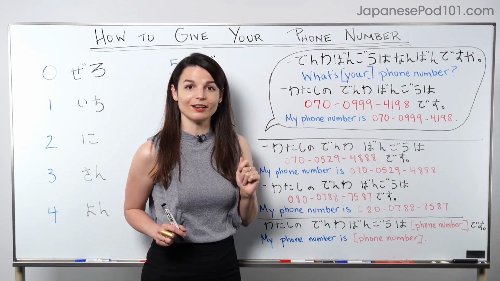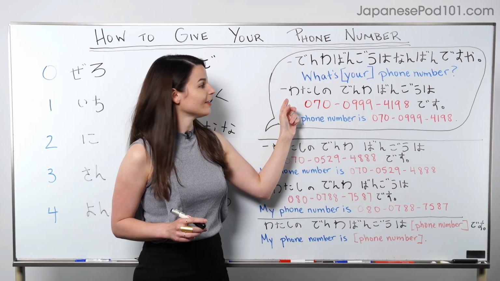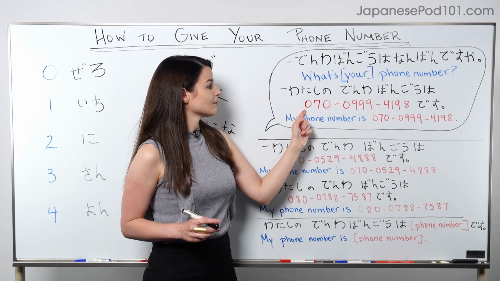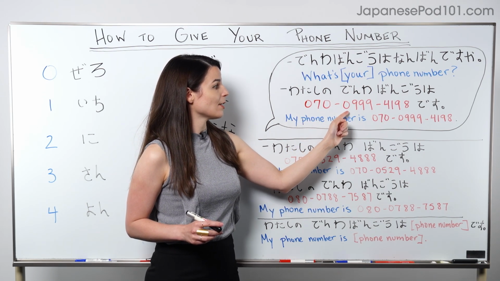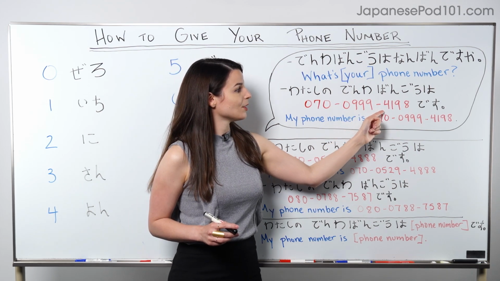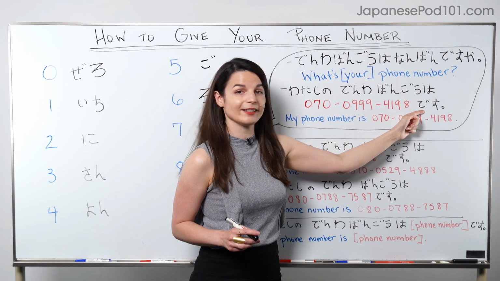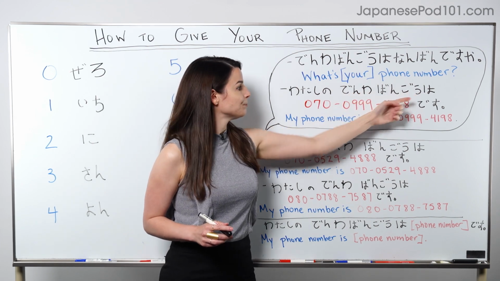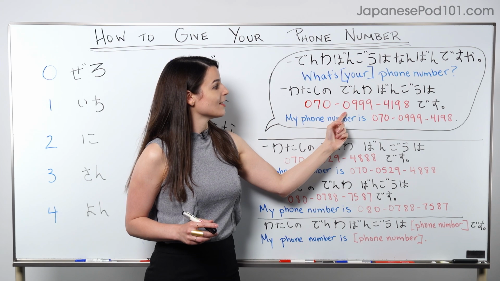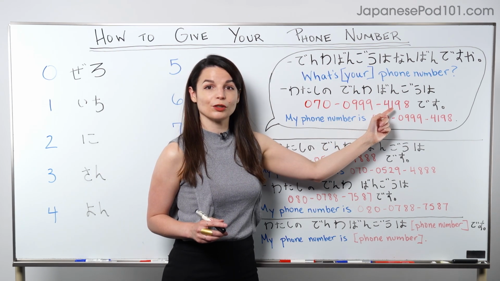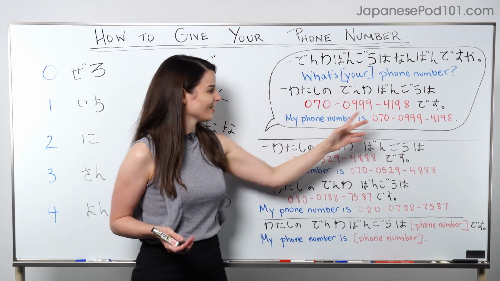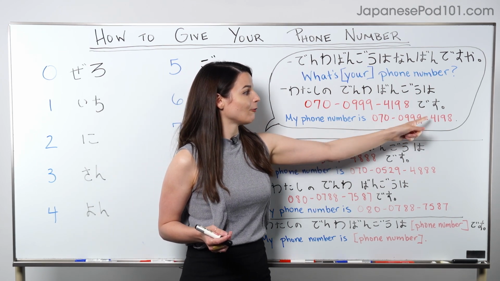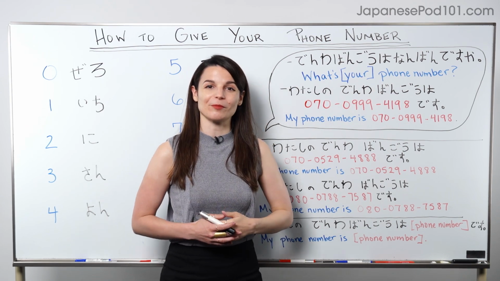The response here is, 私の電話番号は070-0999-4198です。Which means, my phone number is 070-0999-4198. Let's look at some more examples.